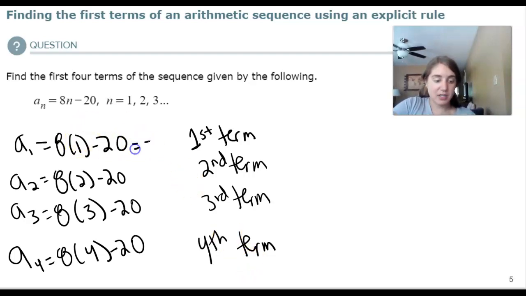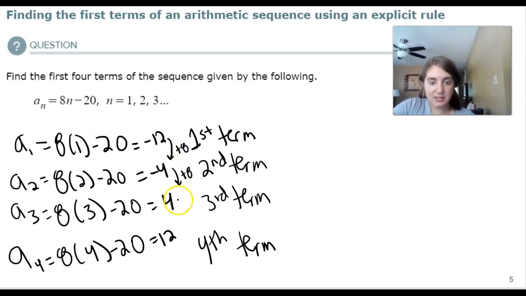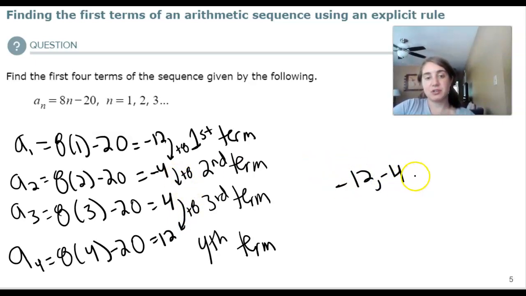What this ends up looking like is -12, -4, and if we look at this, we're increasing by +8, +8, +8. So my first 4 terms are this.